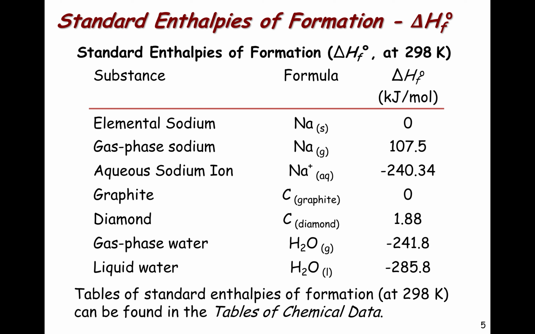And likewise, in terms of elemental carbon, graphite is the most stable form, whereas for diamond you actually have to put in a little bit of energy to get graphite to become diamond. And likewise, we have water in the gas phase versus water in the liquid phase. And of course, they have slightly different values because of the phase transition between those two states of matter.